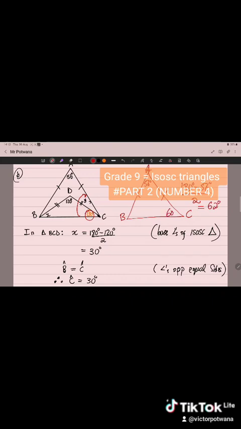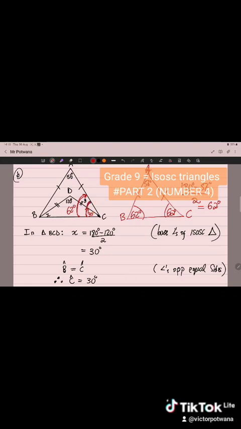This is 62 degrees, and this is also 62 degrees. These two angles are the same. So meaning that this angle that I've highlighted in red is 62. So we're going to say 62 minus this smaller one, which is 30. So 62 minus 30, and then we're going to get this portion here.